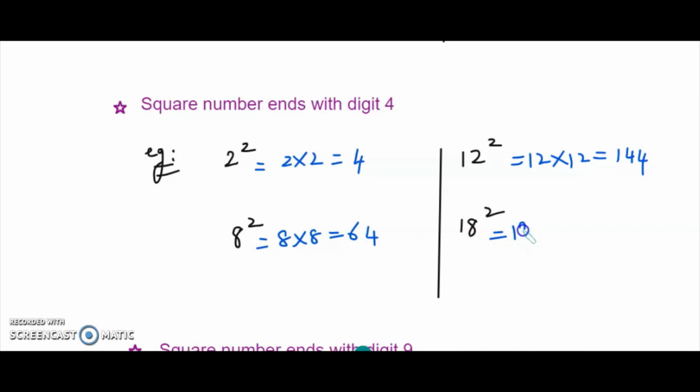And 18 times 18 is 324. So can you see here, if the units place of the number which you are squaring is 2 or 8, then the perfect square will always end with the digit 4. Okay, hope this is clear.